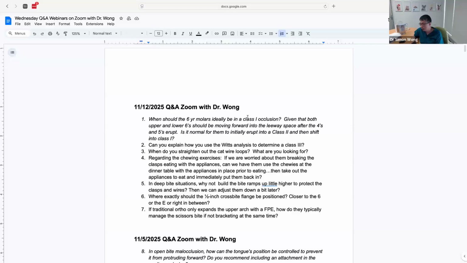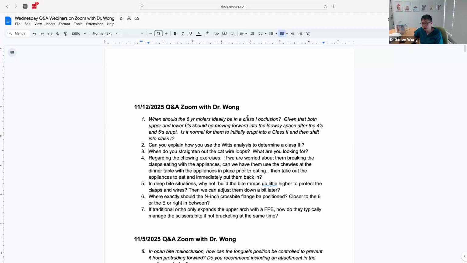In permanent dentition, a class 1 molar relationship has the mesial cusp of the lower sixes ahead of the mesial cusp of the upper sixes. In the primary dentition, we classify the second primary molars, the E's, as either a distal step, flush terminal plane, or a mesial step.